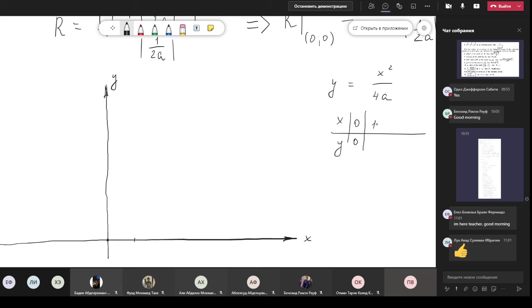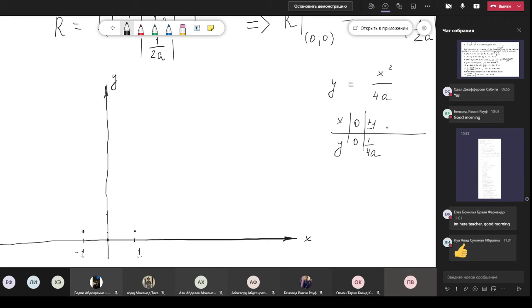X is minus 1 too. This point and this point.